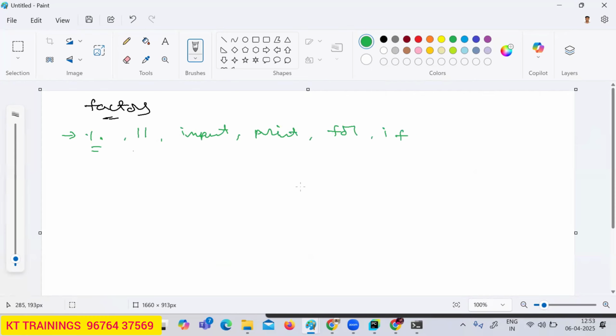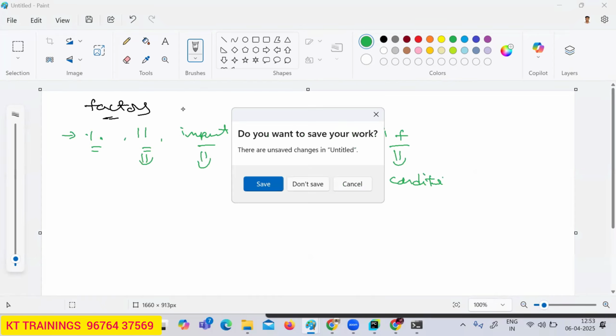Percentage is for modulus remainder, double slash is for floor division, input is to enter the input value, print is to display the result, for is for looping, and if is for condition check.